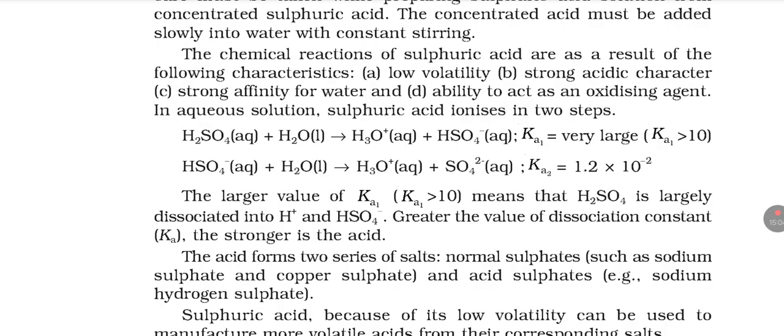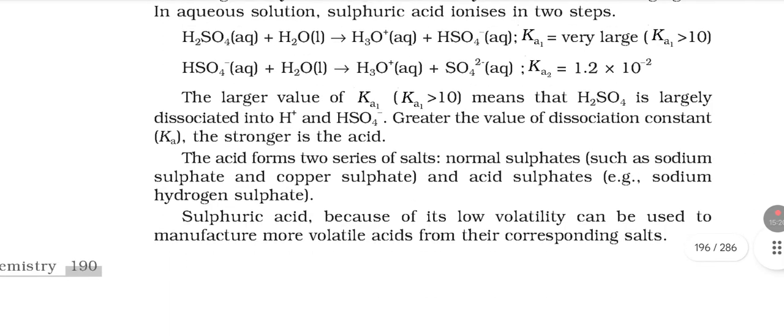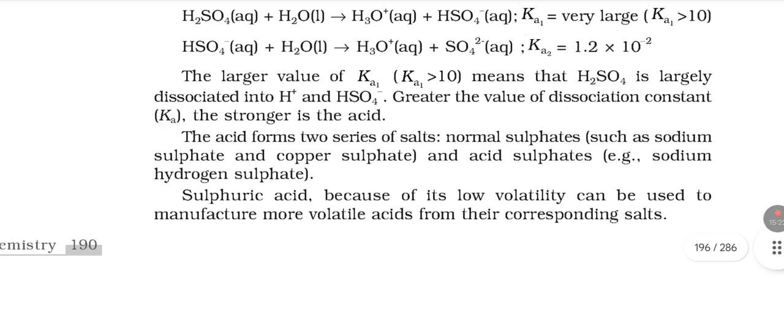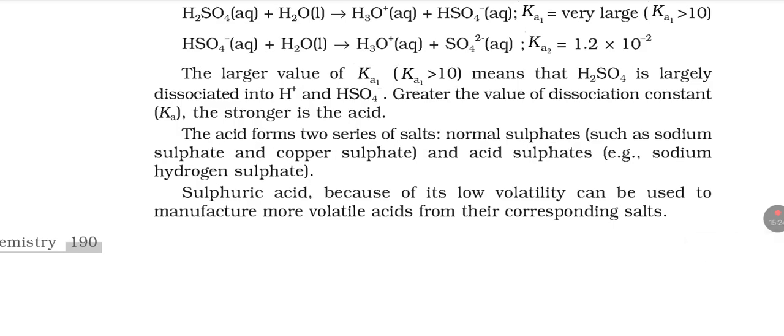The chemical reactions of sulfuric acid are a result of the following characteristics: low volatility, strong acidic character, strong affinity for water, and ability to act as an oxidizing agent. The larger value of Ka means that H2SO4 is dissociated into H+ and HSO4-.